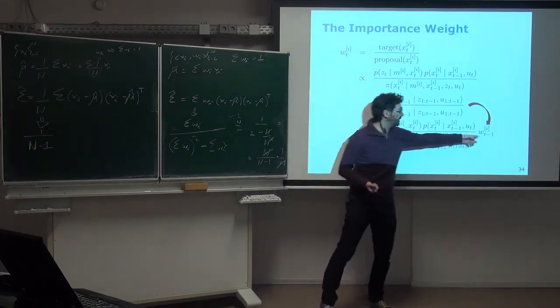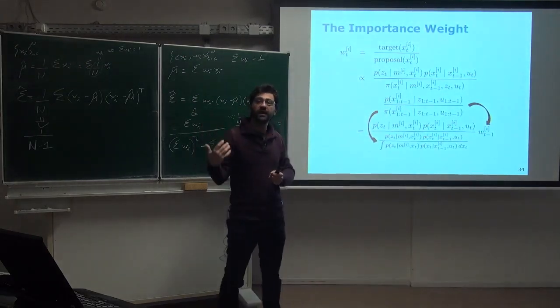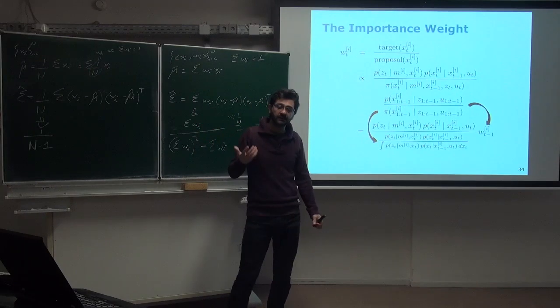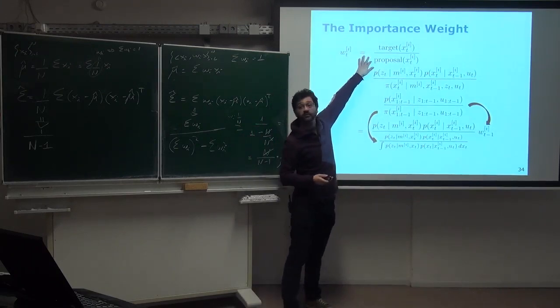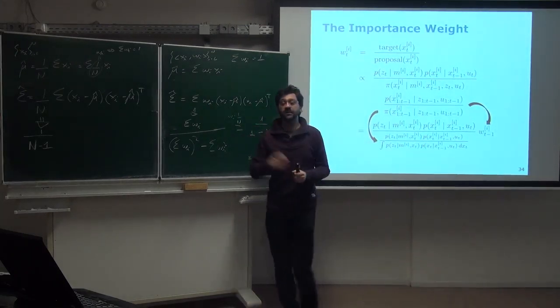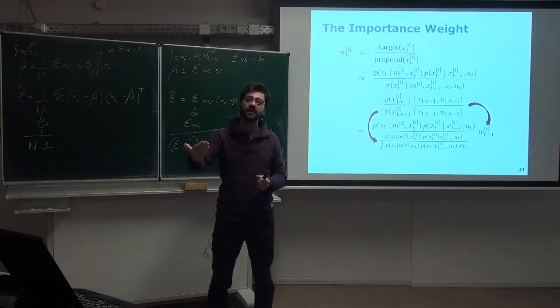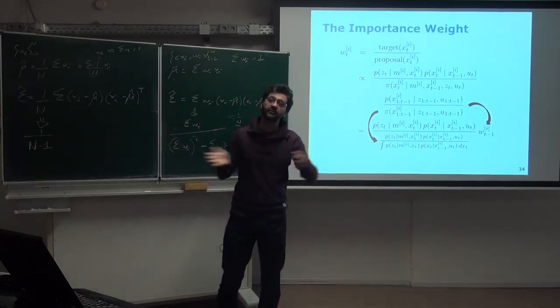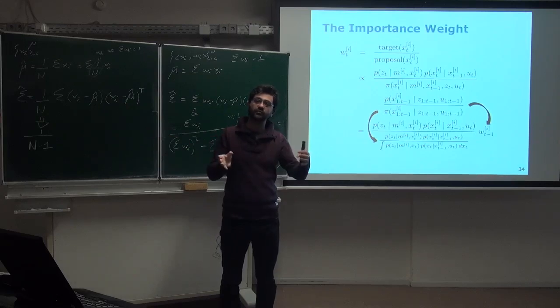In practice, what happens if you forget to bring the weights with you over time? Basically, you are forgetting part of the distribution that is the difference between target and proposal. So if I just forget to carry the weight over one step, I'm not carrying the full history, but only the history of the proposal distribution, not the history of the posterior.